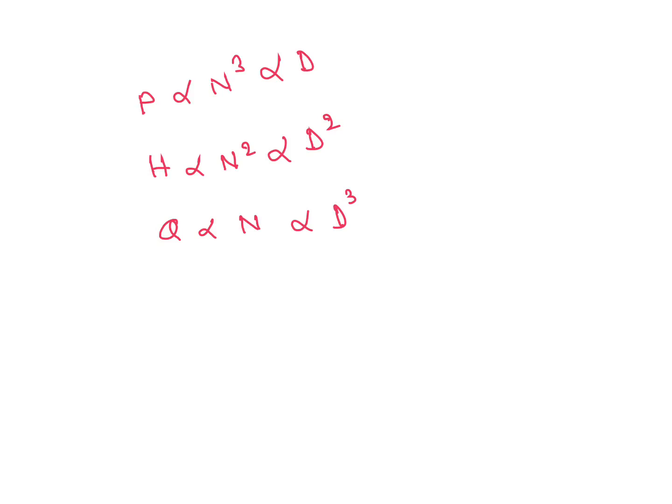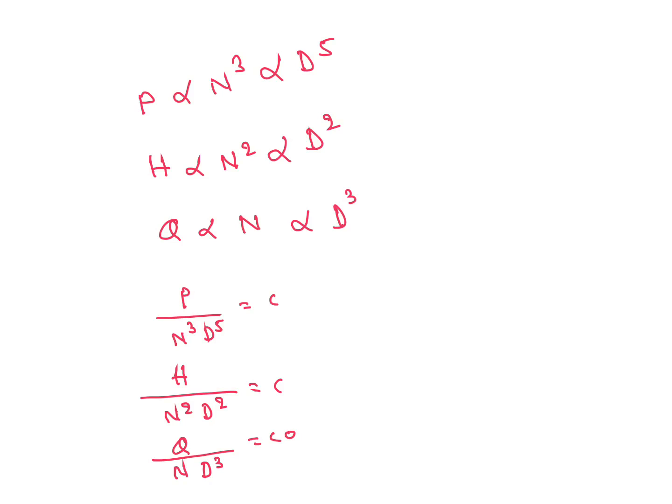From here you will get P by N cube D to the power 5 is constant, H by N square D square is constant, Q by N D cube is constant. Using these relations you have to solve the problems.